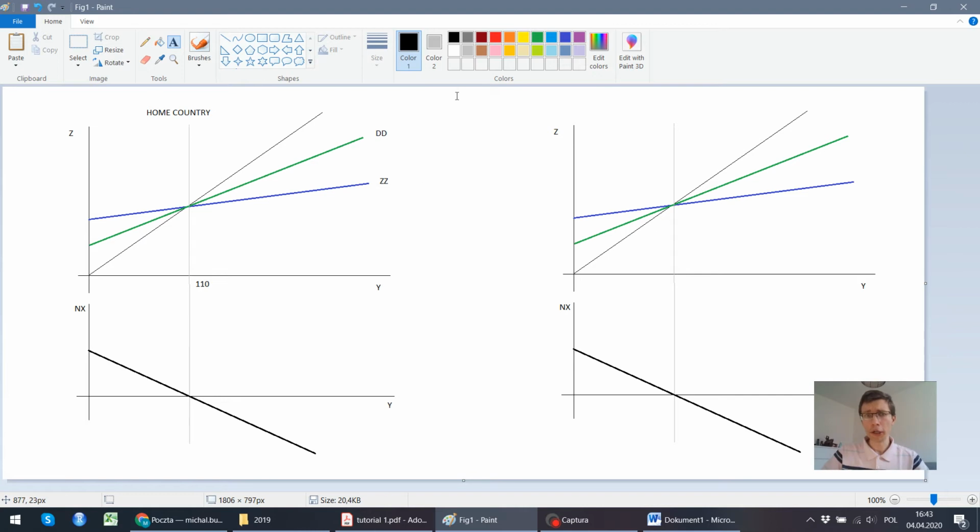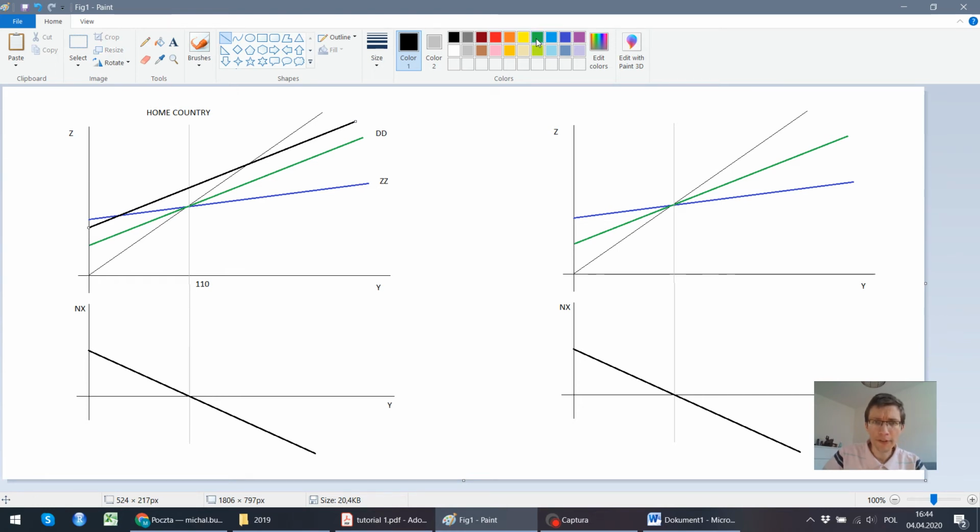So in the home country, we know that there is an increase in governmental expenditures, which of course automatically increases the domestic demand for domestic goods, right? So let's just put it graphically.